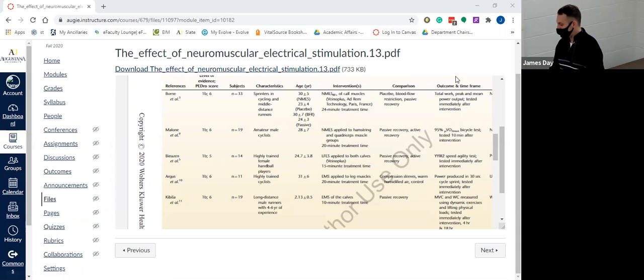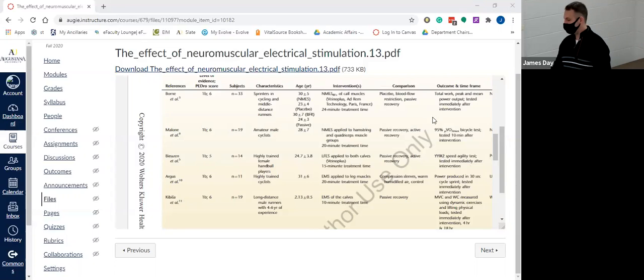And then the last column is your outcome. And these are the things that's most important to your research question. This is where you get to take away from what they did and apply it to what you are looking for.